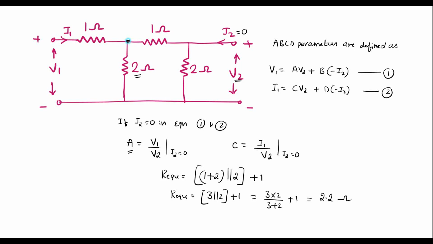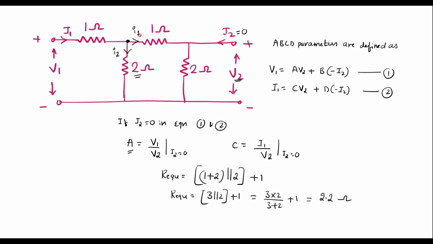At this node, the current will divide. Say part of the current will flow through this, I will call it small I1, and part of the current will flow through this, I will call it small I2. Now let's calculate small I1 first, because to calculate the voltage across the 2 ohm resistor, first we should know what current is flowing in the 2 ohm resistor.